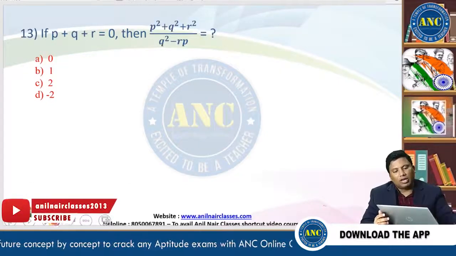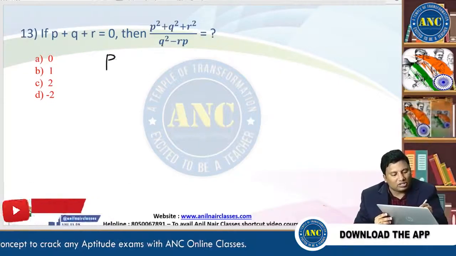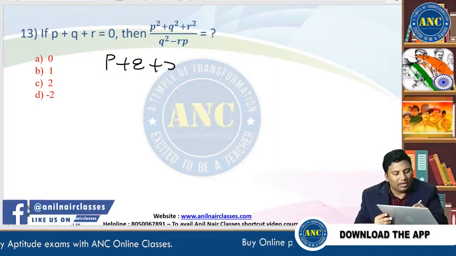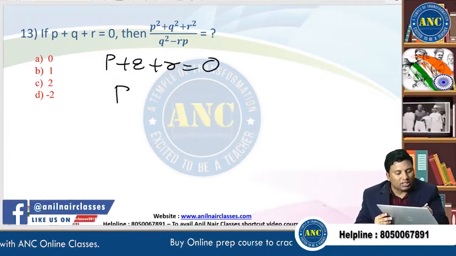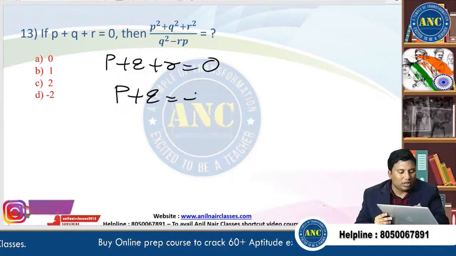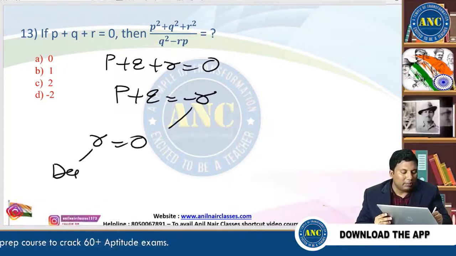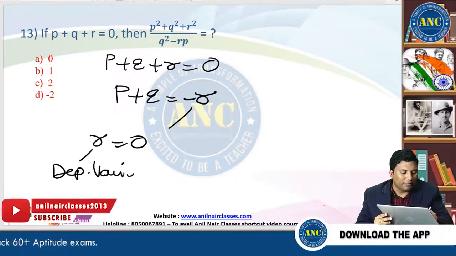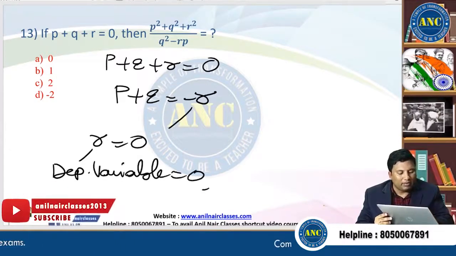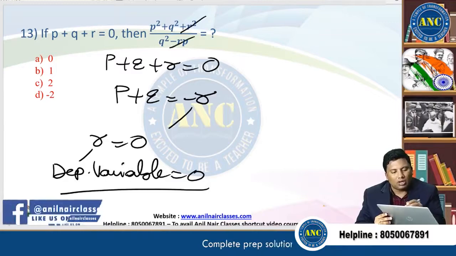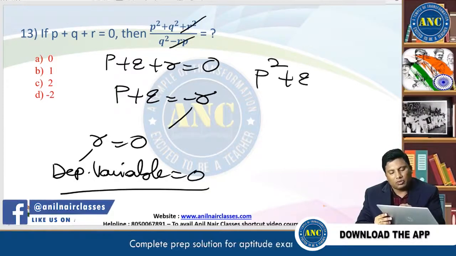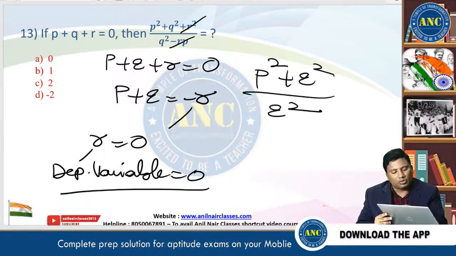Now another one. If P plus Q plus R is 0, I think already we did this question. P plus Q is equivalent to minus R. Make dependent variable 0. R is 0. P square plus Q square divided by Q square.